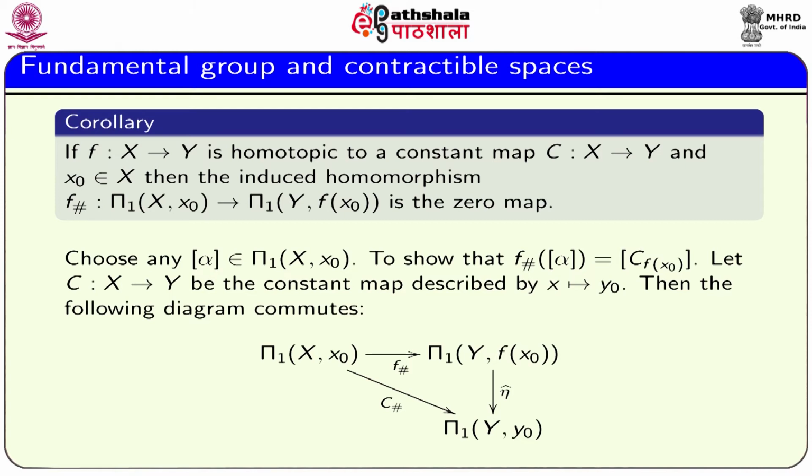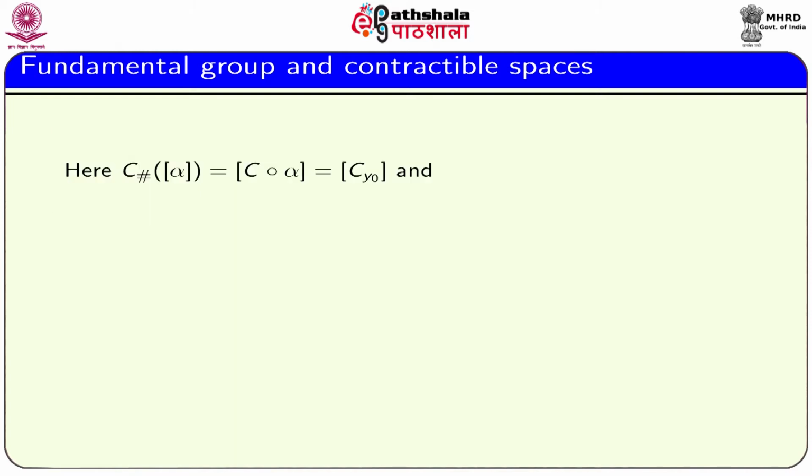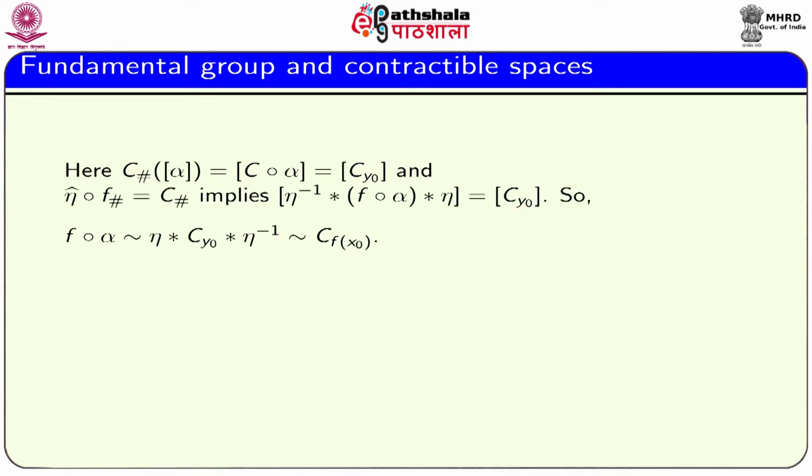that is eta cap composed f sharp is equal to c sharp. Here c sharp operated on alpha is C composed alpha, which comes out to be equal to C y0, and eta cap composed f sharp is equal to c sharp implies that the class eta inverse star f composed alpha star eta is equal to the class C y0.